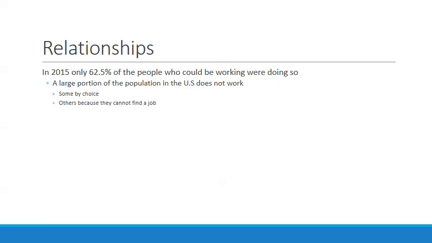Some people just cannot find a job, and so they give up looking. If you have not been looking for a job for a set amount of time, then you automatically are removed from the labor force and you're no longer counted against it. Others because they're simply not eligible. When you're in jail, obviously you can't get a job. You are not eligible to be in the workforce.